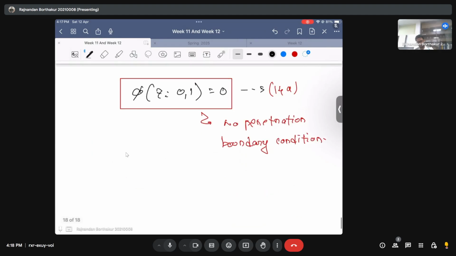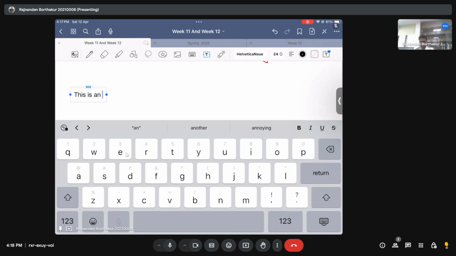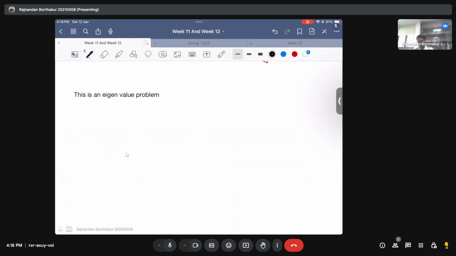So we can conclude that this is an eigenvalue problem, and what you need to do is find the corresponding eigenpair. That is, phi of z is the eigenfunction corresponding to the eigenvalue C.